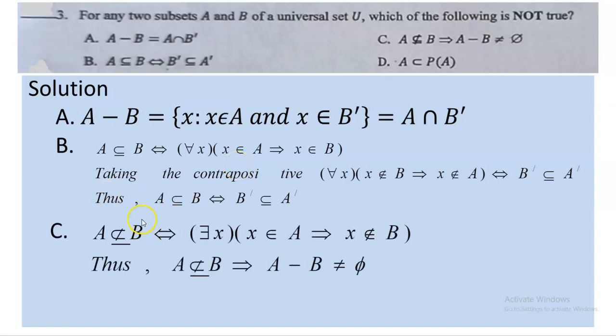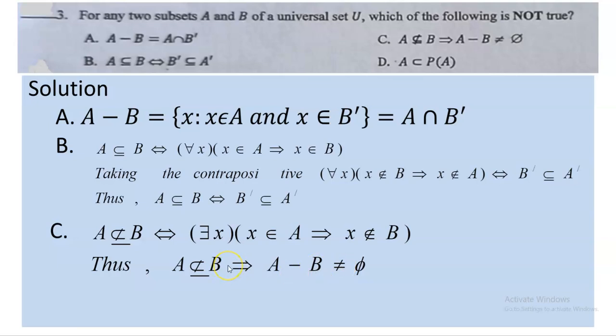And when we directly go to C, students, in the case of C, we have this. If A is not a subset of B, what do you mean by saying that? If A is not a subset of B, then obviously there is at least one element which is in A but not in B. So as you look at the difference between A and B, that is the element existing in A but not in B, you do have at least one element. But here it says that the difference is empty. How could it be? It can't be.